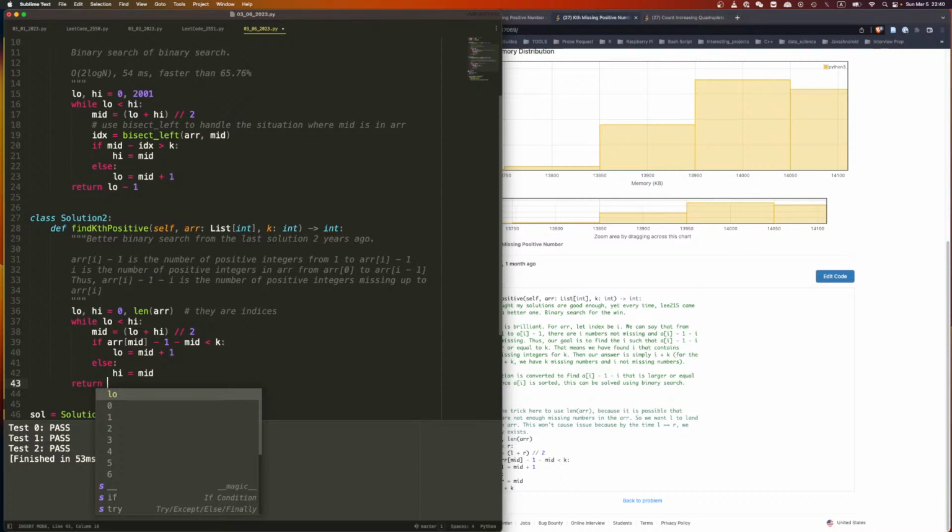So we come out, we're saying low represents something.